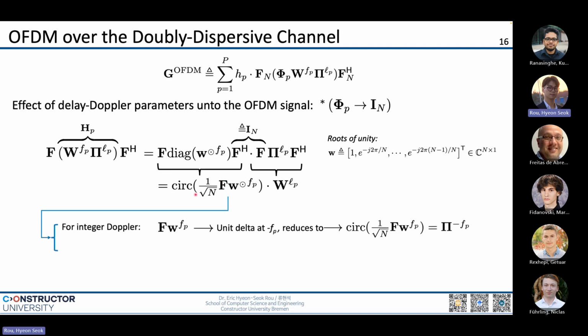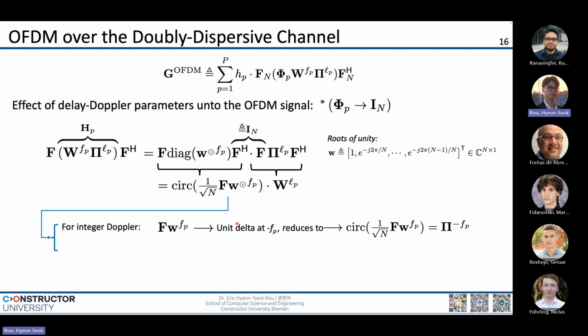So what this means for this circulant matrix, when we have integer Doppler shift, so this Doppler f_p is an integer, is that the Fourier spectrum of this root of unity will be a unit delta at position minus f_p. So the first column will have all zeros except one, whose value is 1 over square root of N, and that value will be placed at the minus f_p position.